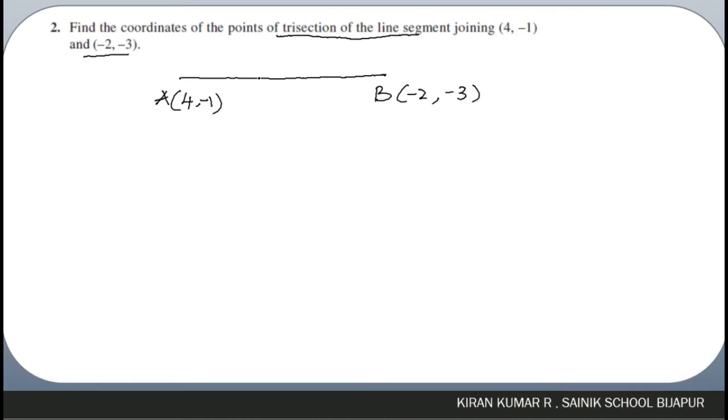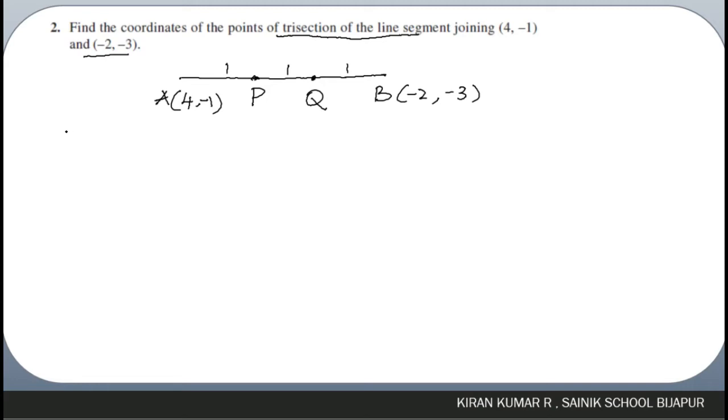Here there must be 2 points, then only there will be trisection and these parts will be equal. If I consider P and Q as the points of trisection of the line segment, it will be making 3 equal parts and the ratio of AP is to PB will be 1:2, AQ is to QB will be 2:1. Hope I have made it very clear.